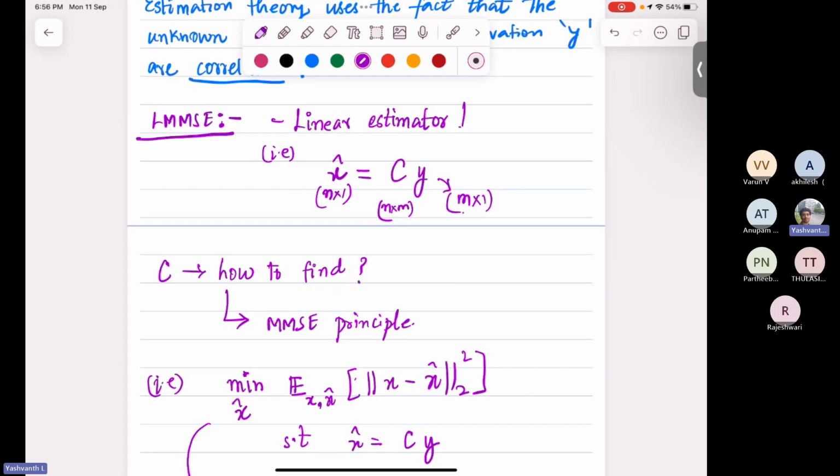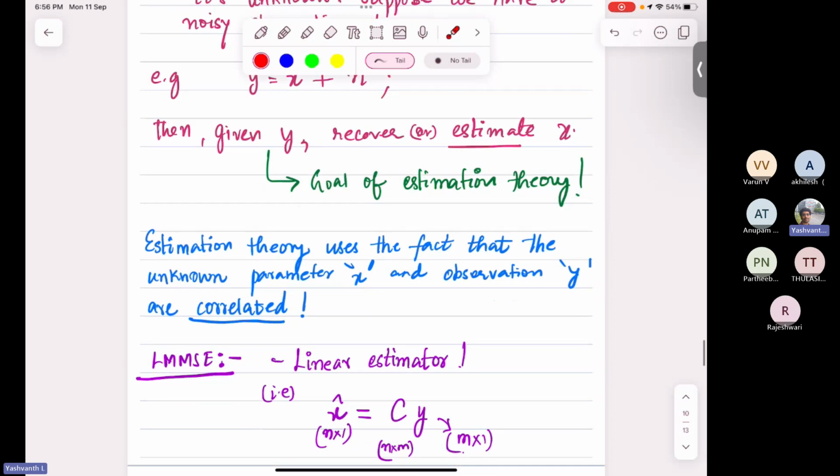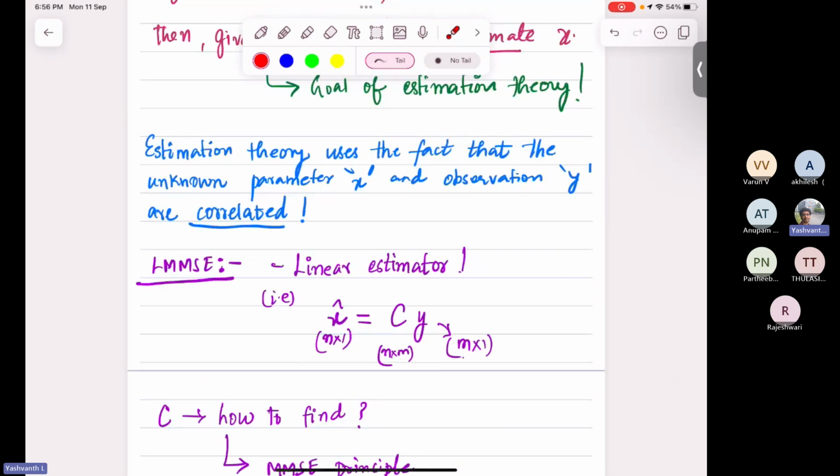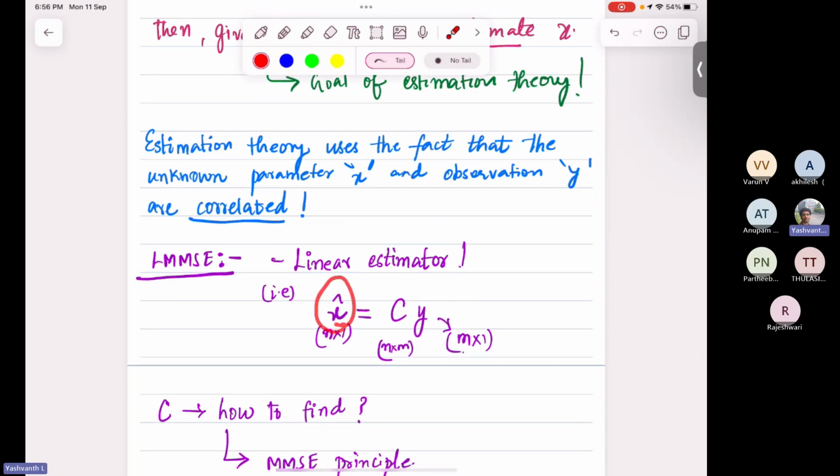Any estimate, I use the letter hat to denote, because I really don't know whether whatever I guess is actually the true value itself. So x hat is the estimate of x. So a linear estimator is that kind of estimator where the estimator is a linear function of the observation.